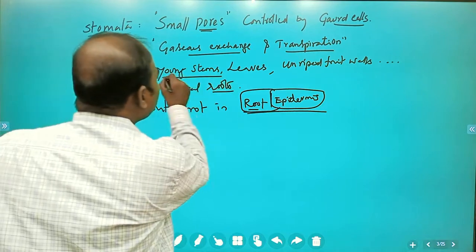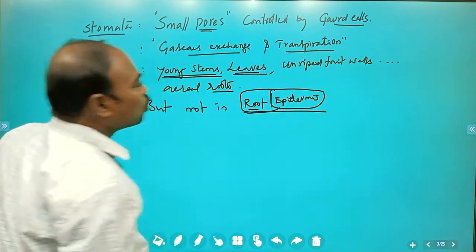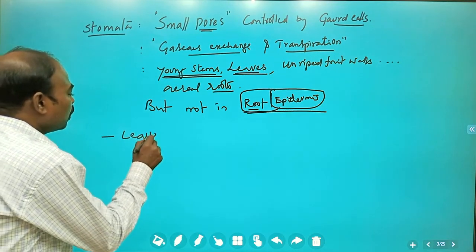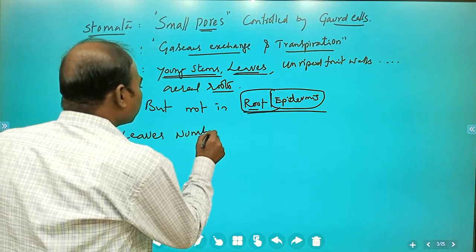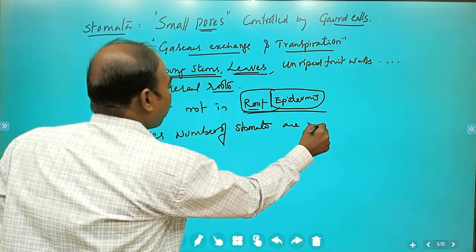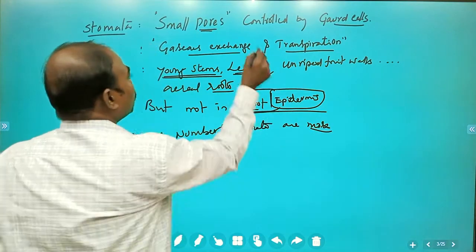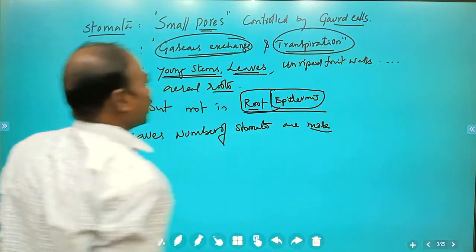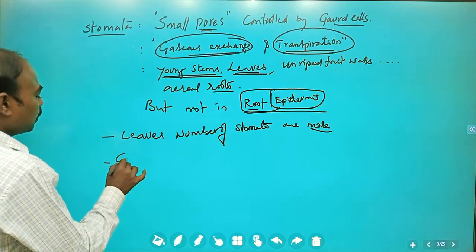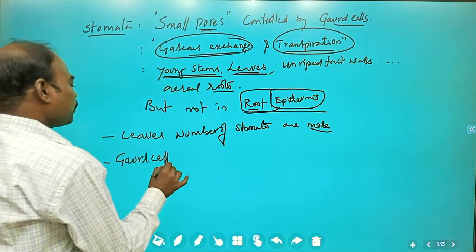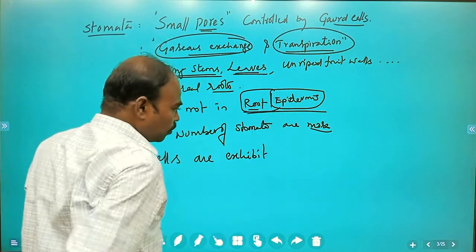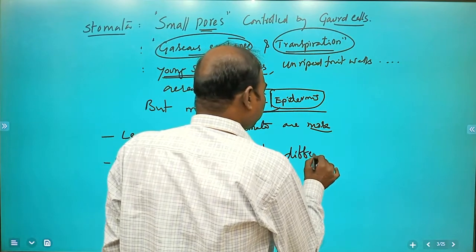The young stems and leaves have stomata. Generally, in the leaves, the number of stomata is more, and they participate in these two functions, that is exchange of gases as well as transpiration. The stomata are controlled by guard cells. The guard cells exhibit different shapes.